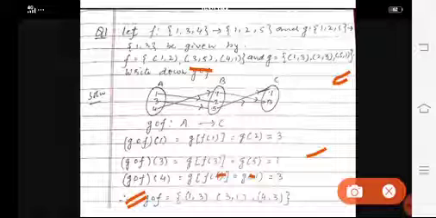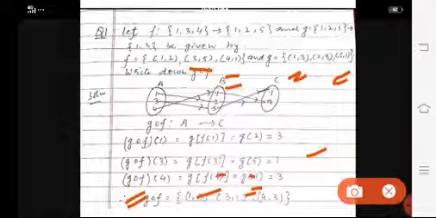G of F4, and in place of F4 we can write in the function F, 4 is associated with 1. So in place of F4 we will write what? 1. And in the function G we see that 1 is associated with what? 3.